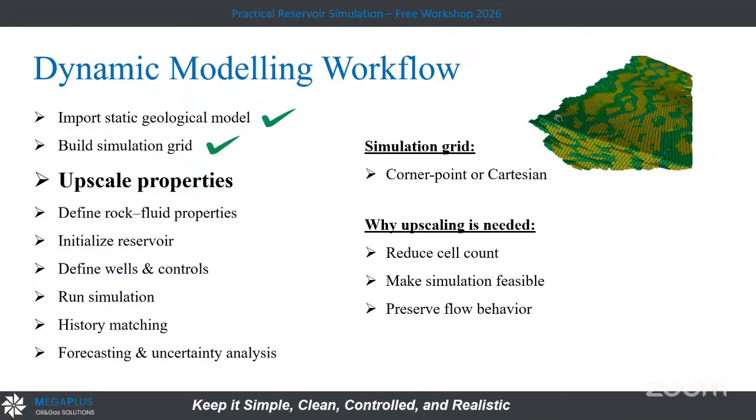So here in upscaling, after I made the static model, I may have very minor cells in the static model. So it could be detailed, but after that, in the dynamic model, I have as an example a shale zone with three layers.